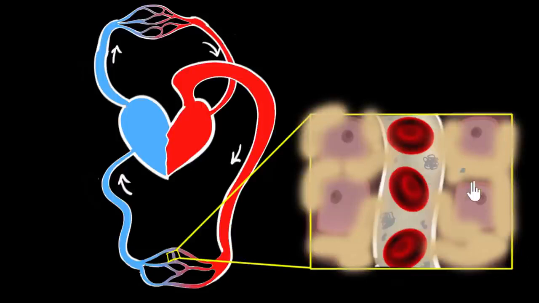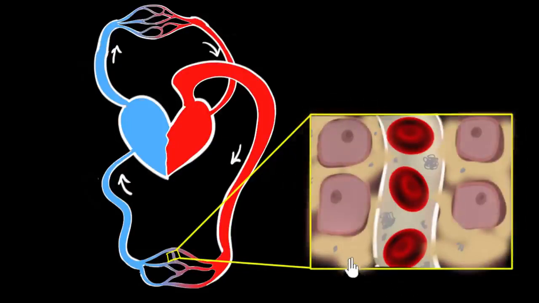So some small proteins, not big ones, but some small proteins also ooze out along with this plasma, okay? Let me just clean this up a little bit. Okay, so this plasma that oozes out and then fills up this space between the cells, this is what we call the lymph, all right?